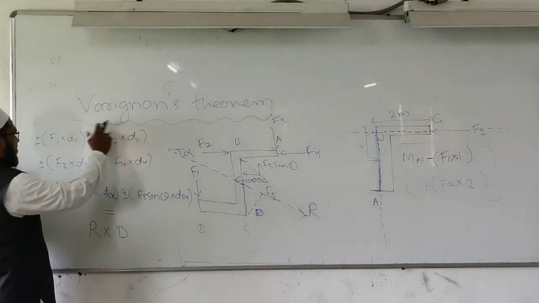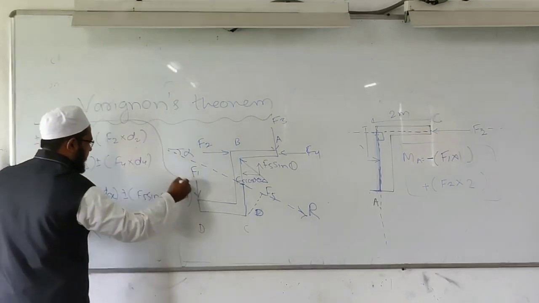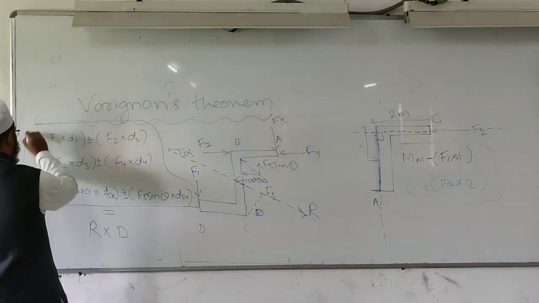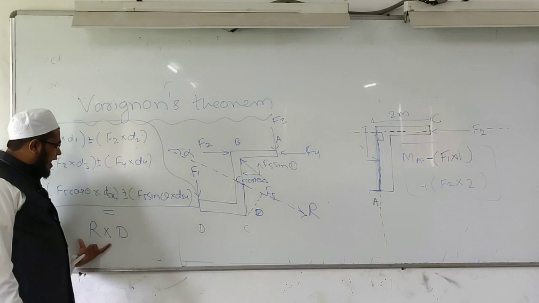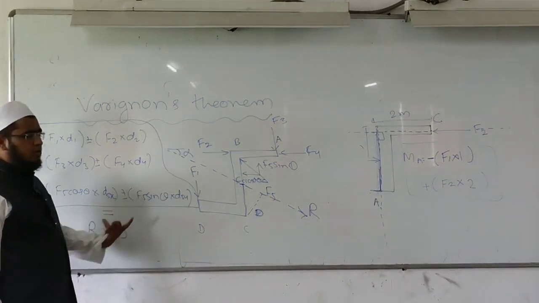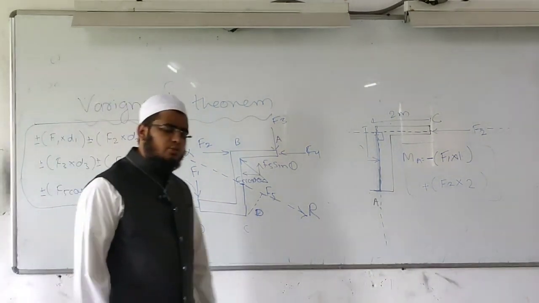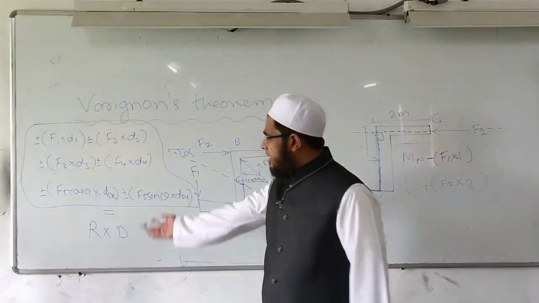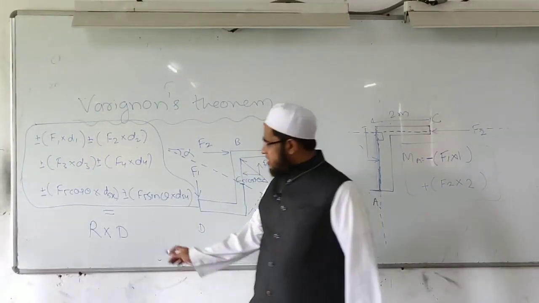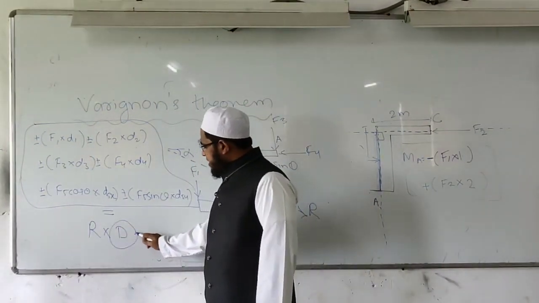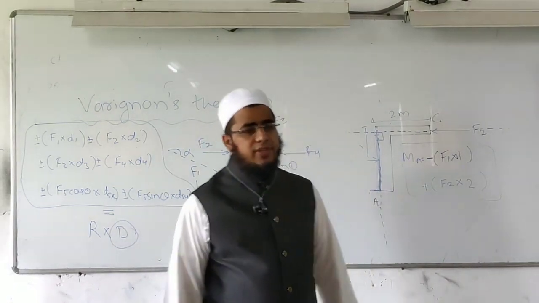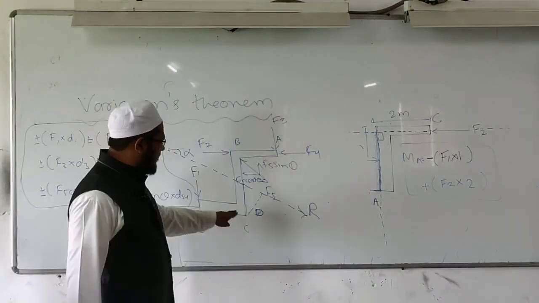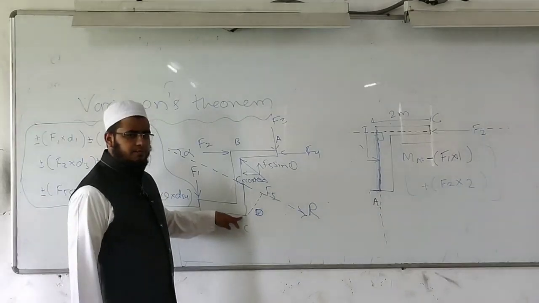Now we can find this algebraic sum, that will be equal to R into D. R is known from the formula R equal to the root of summation Fx square plus summation Fy square. Then we can easily find D. What is this D? D is the perpendicular distance of the resultant from the moment center.